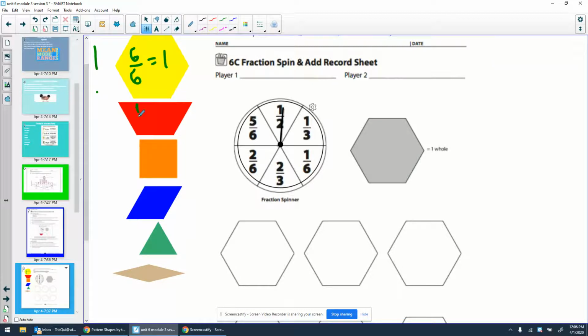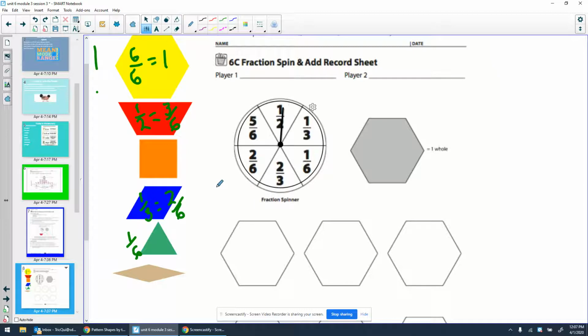So we have 1/2, which of course equals 3/6. We're going to ignore the square and go down to the rhombus. The rhombus equals 1/3, which of course equals 2/6. And then finally, we will use the triangle, which in this case just flat out equals 1/6. And you'll see how that plays out as we go through this game.